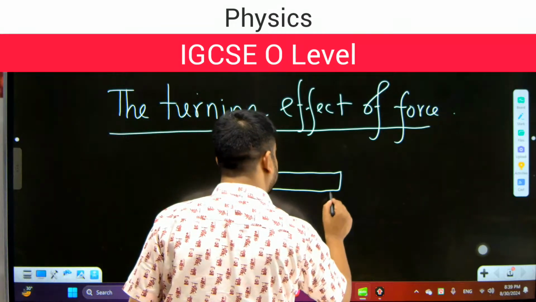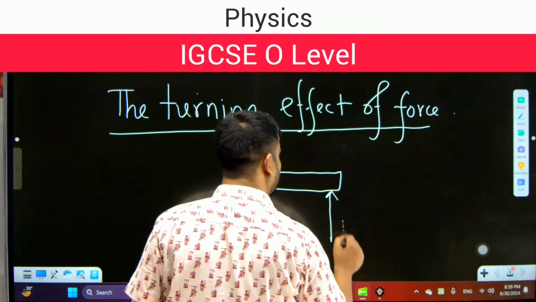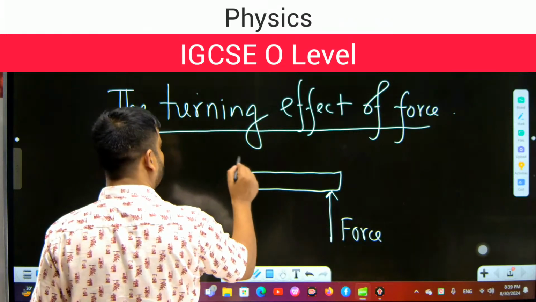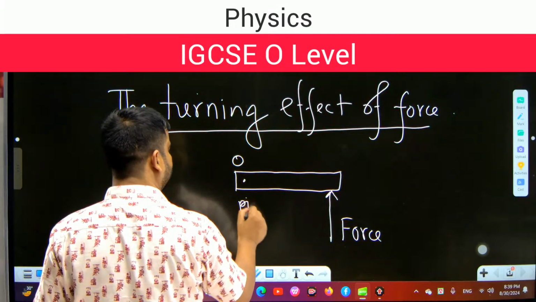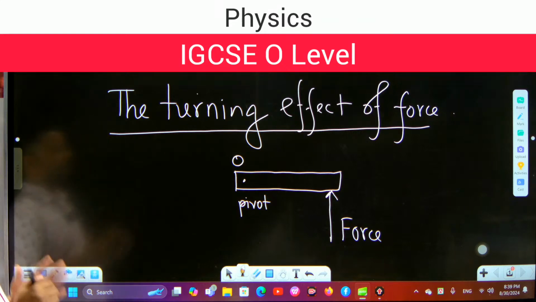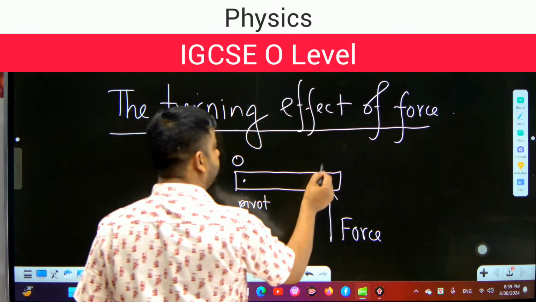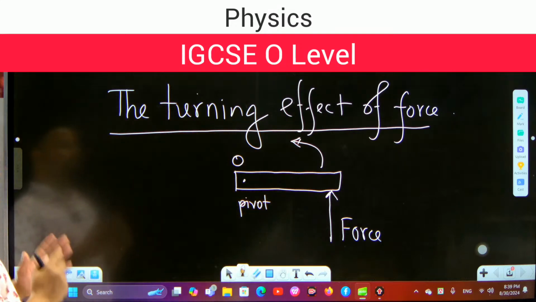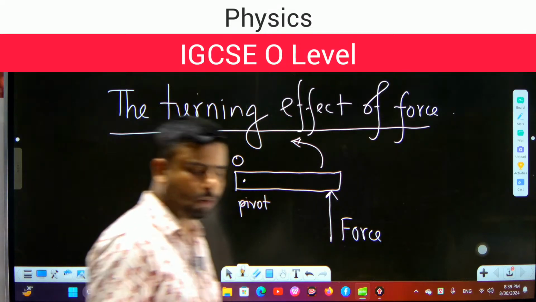Say force is applied at this point, and here O is the pivot. If force is applied on an object and it produces a rotation tendency about a pivot or center, that force is known as the turning effect of force.